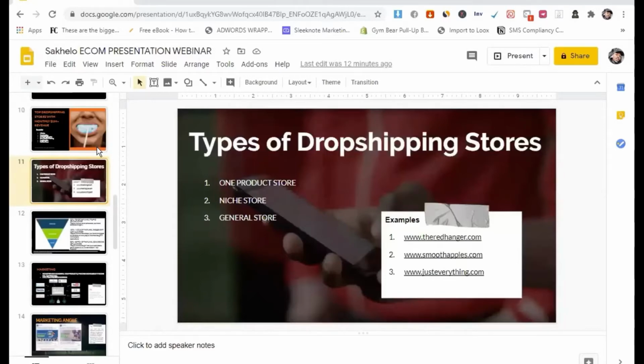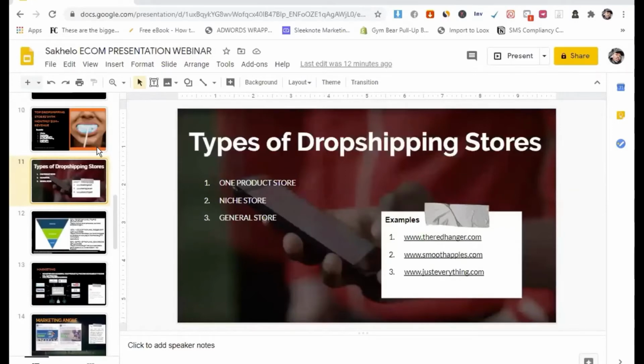It has to be something with the actual product name in the domain. That just has a stronger feel to the customer, and it looks more authentic, because if they're landing on the page, they already know exactly the product that is being sold on the store. So it just has that strong psychology of a one product store.